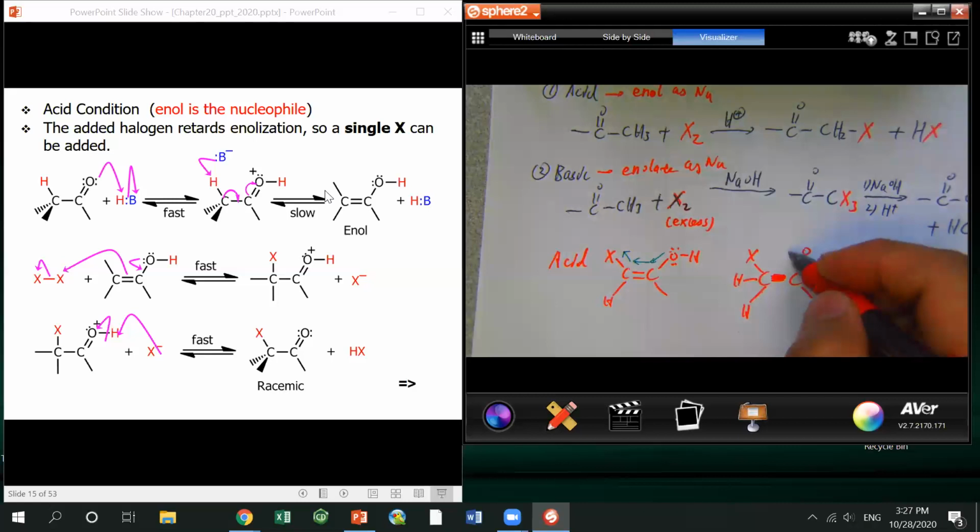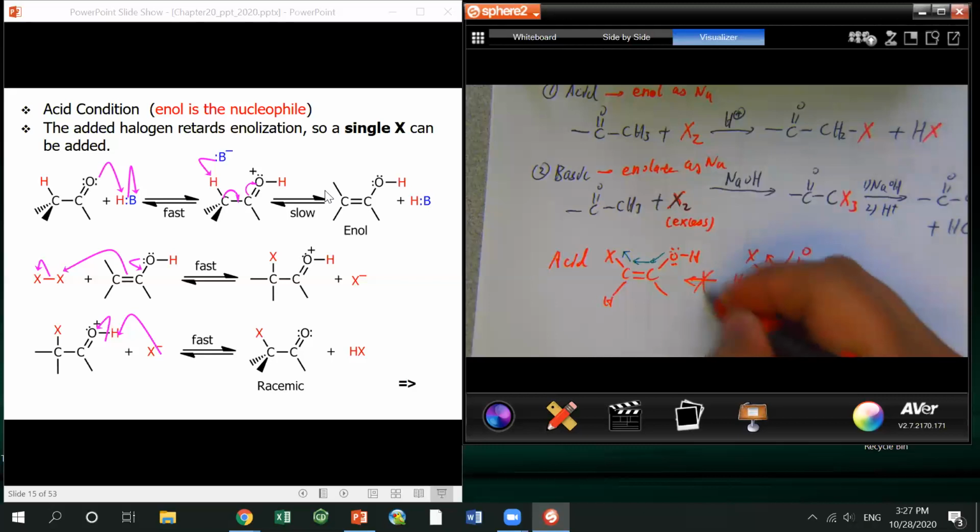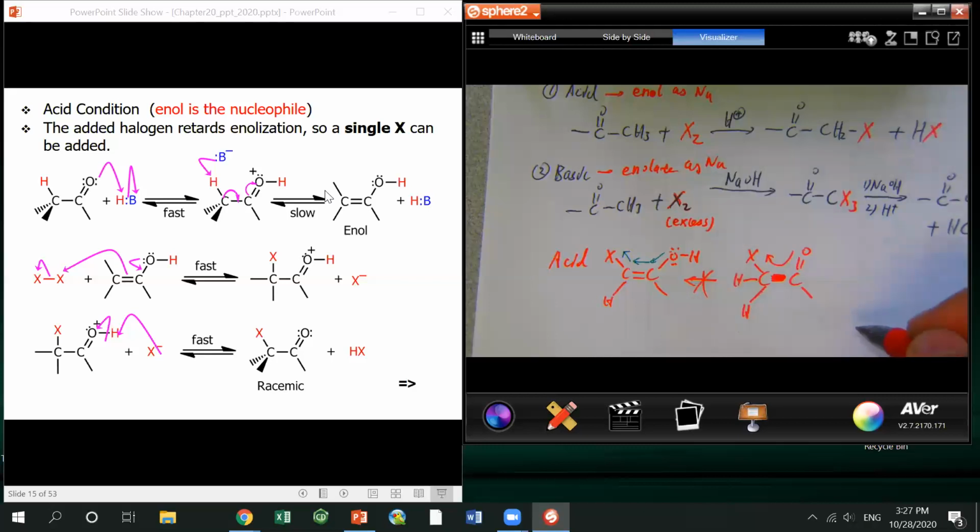But because of this inductive effect, which pulls electrons away, this oxygen does not easily pick up the hydrogen. That means this pathway is stopped, and you cannot generate the enol intermediate, so the reaction does not easily move forward.